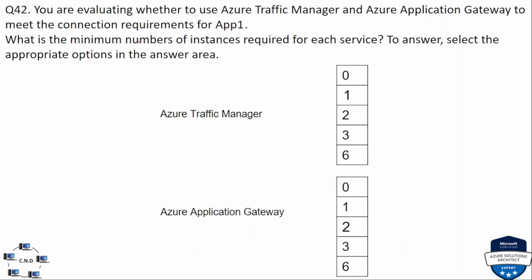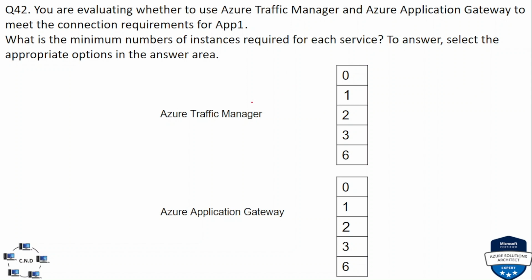Question number 42 is that you are evaluating whether to use Azure Traffic Manager and Azure Application Gateway to meet the connection requirements for App 1. What is the minimum number of instances required for each service? To answer, select the appropriate option in the answer area.